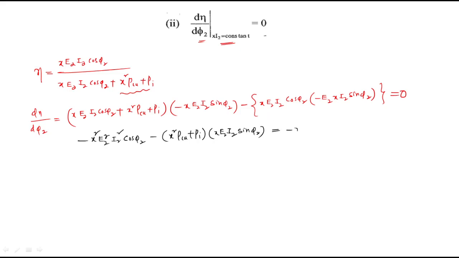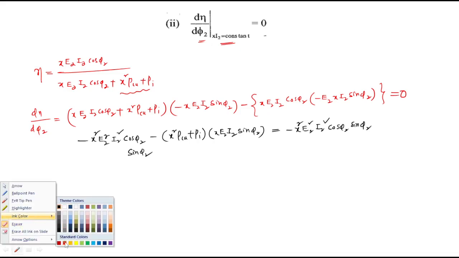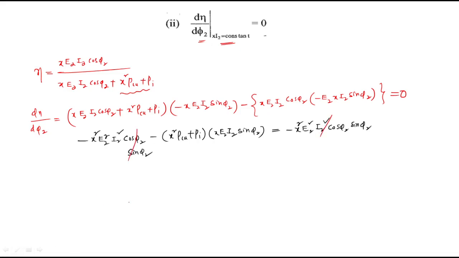Now it is plus; after getting this side, x² E2² I2², sorry, here we have sin phi2 also, cos phi2 sin phi2, which equals, sorry, 0. So from this, this part gets cancelled, right? Therefore the only component we get is minus (x² PCU plus Pi) into x E2 I2 sin phi2, which equals 0.